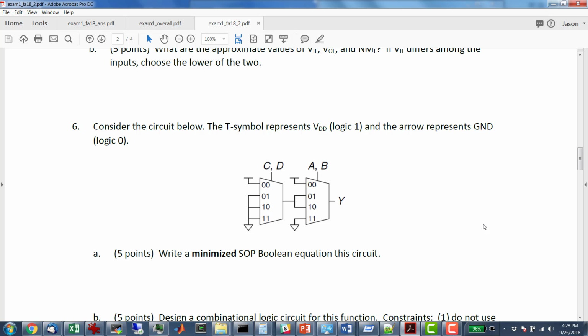Yes? Would that also be the minimized SOP form? Could you minimize that any more, is the question. The second implicate and the third implicate were redundant, you can get rid of those.